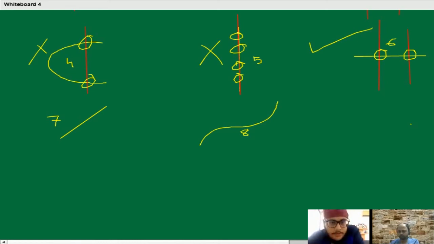So the seventh one. Sir, it's not intersecting. Yes, it will intersect, but only at a point, not more than that. So this is going to be a function.